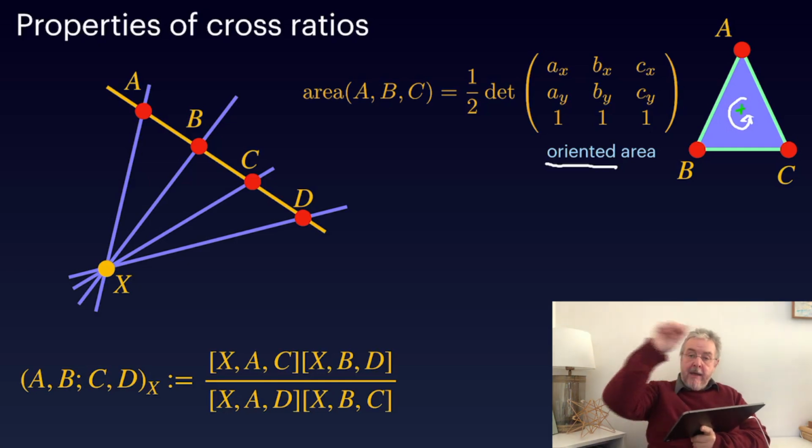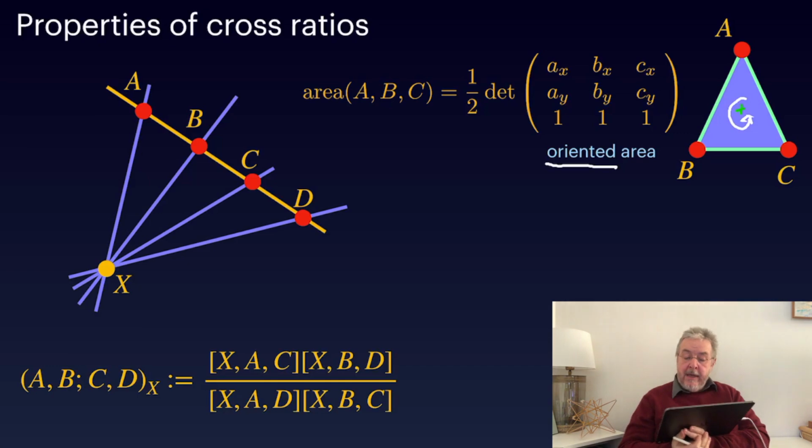If they are in clockwise order, the sign of this determinant will be negative. It has to do with the right-hand rule of the sign of 3 vectors in R3. So here in our cross ratio, we have determinants, and we see that determinants of points in standard embedding are essentially areas.